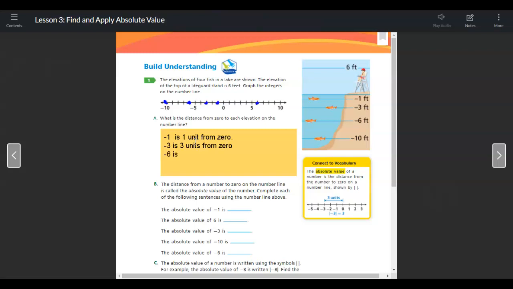Negative 6 is 6 units from 0. Negative 10 is 10 units from 0. And then we got one more, which is that lifeguard guy up there. So 6 is 6 units from 0.